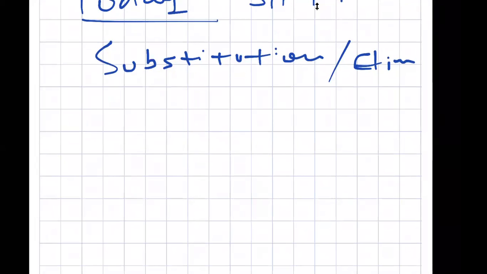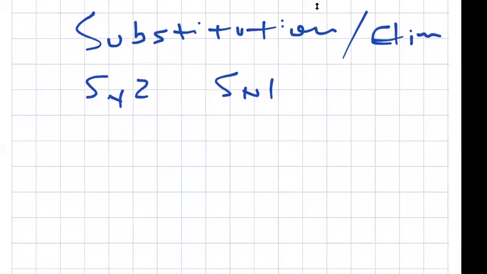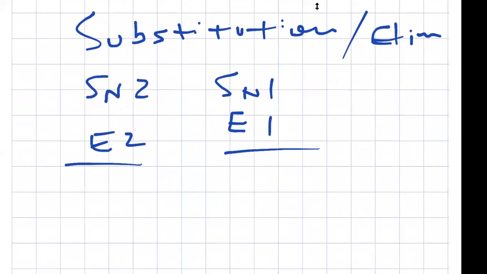We're going to talk about two types of substitution reactions, SN2 and SN1, and two types of elimination reactions, E2 and E1. I have them written like this because SN2 and E2, and SN1 and E1, have similar characteristics.